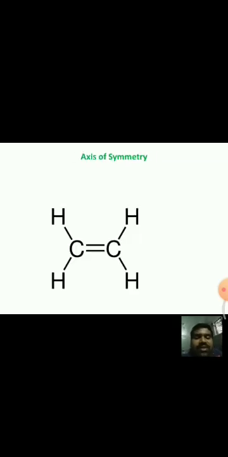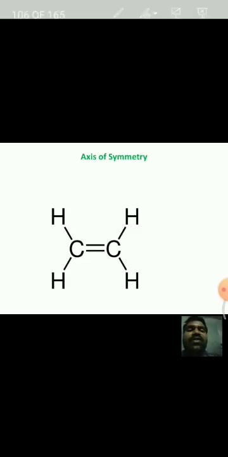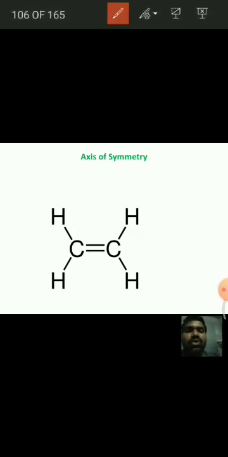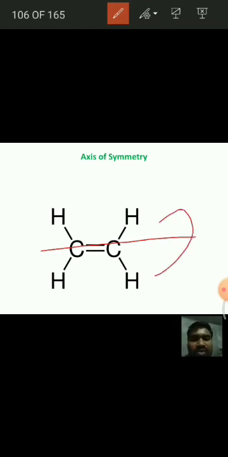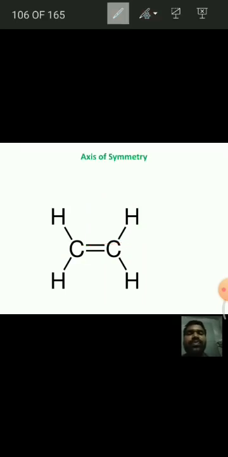For example, this is the ethylene molecule. It is having a C2 axis. That means, see here, if an axis passing through these 2 carbons, if we rotate through 180 degrees, if we get the similar molecule, then the molecule is said to be having a C2 axis of symmetry.